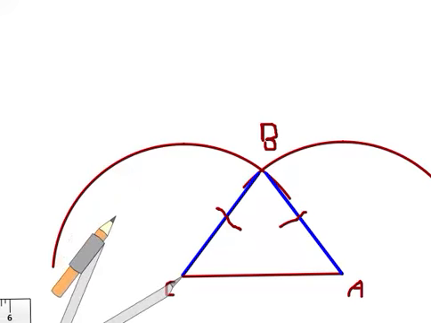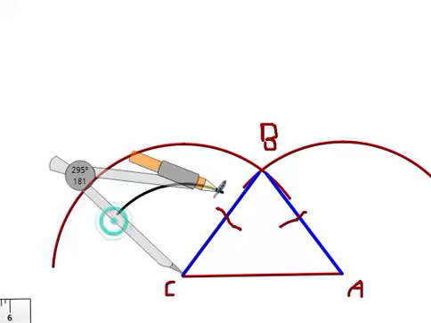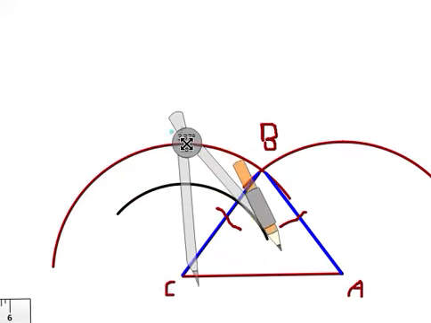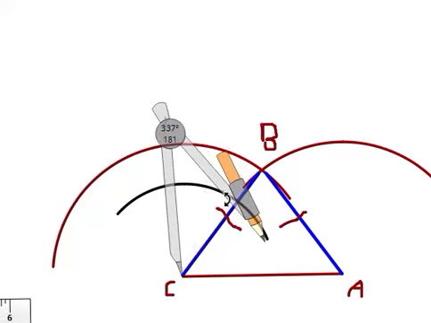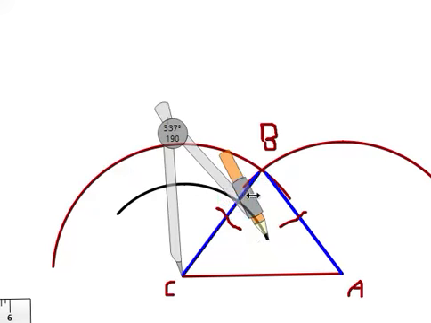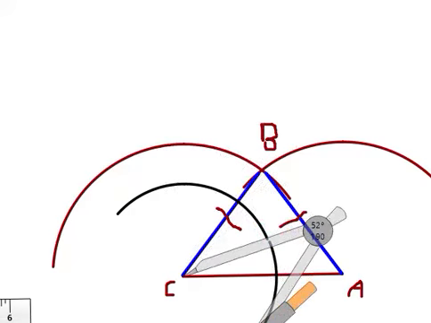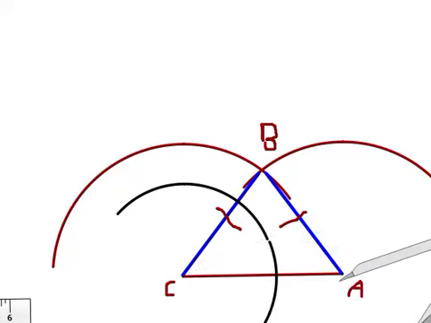We can draw from A the arc, draw the arc here up and down, and coming to the next point, draw an arc up and down here, and drawing up.